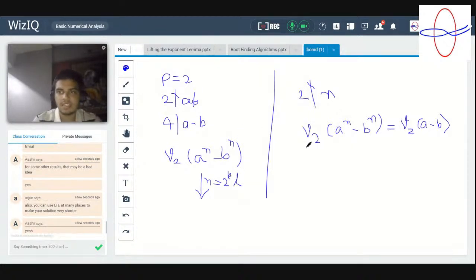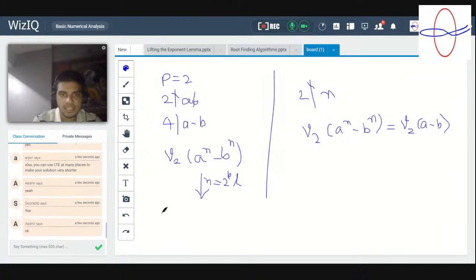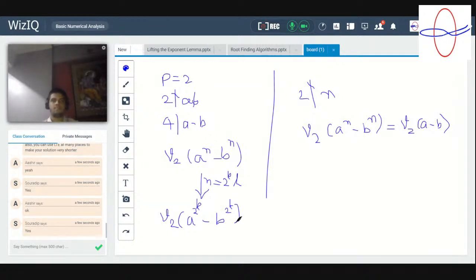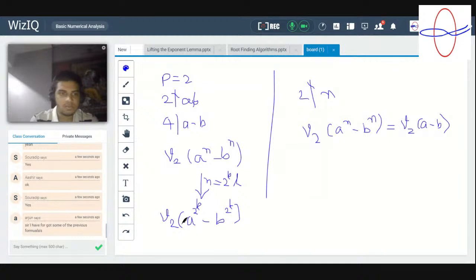And then directly from this, we get that this is just equal to v2 of a raised to 2 raised to k minus b raised to 2 raised to k, right? Good.